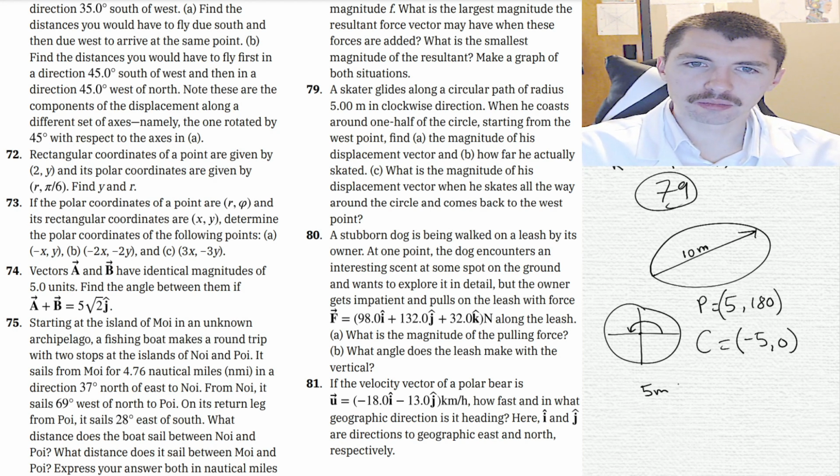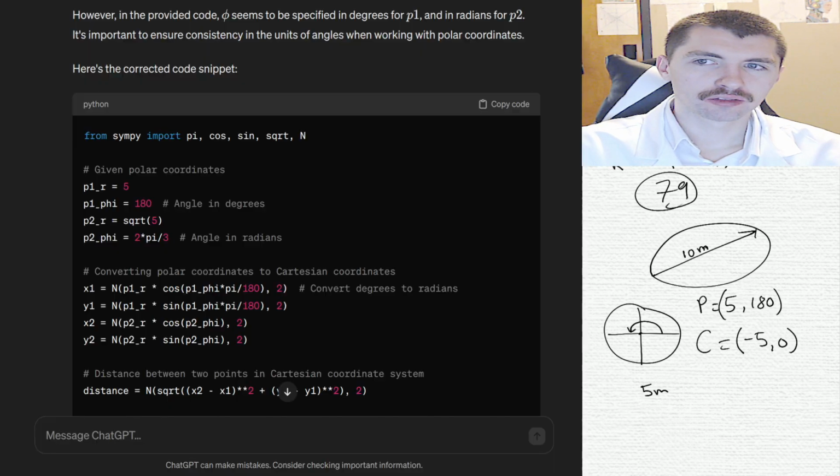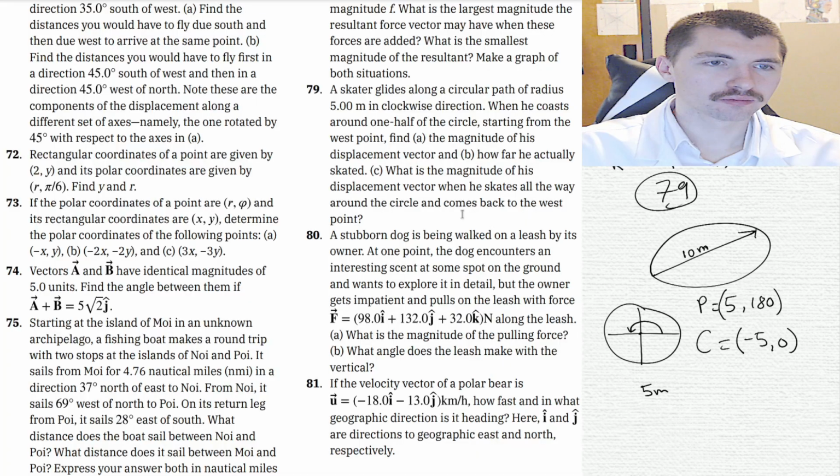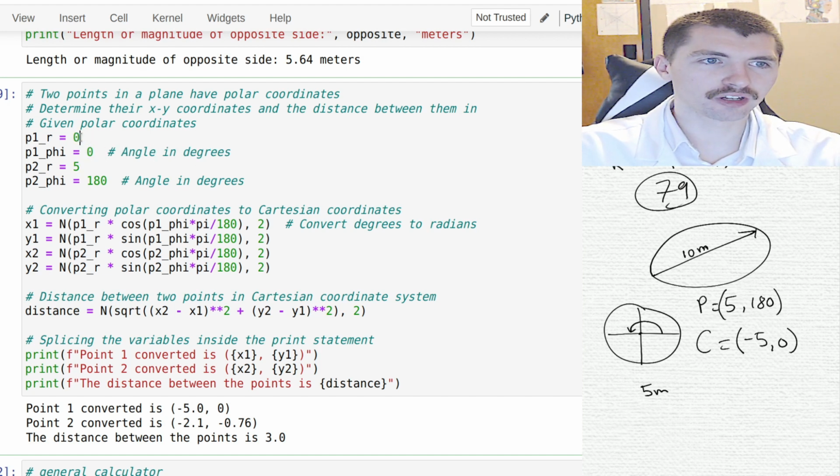Is the magnitude of his displacement vector, and how far has he actually skated? Okay, so if he starts at 0 degrees 0, starts at the origin. No, he starts at 5.